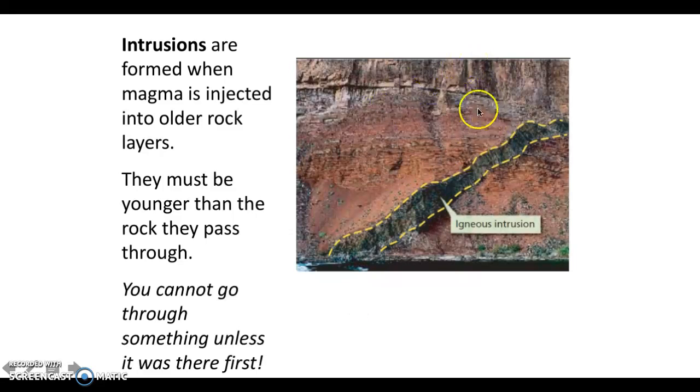So this canyon existed, this rock wall existed, and then this magma came up through it. This magma couldn't have injected itself in here if this rock didn't exist first. For your picture or example, try to draw this just so it shows that it's kind of like a finger that pokes its way through.